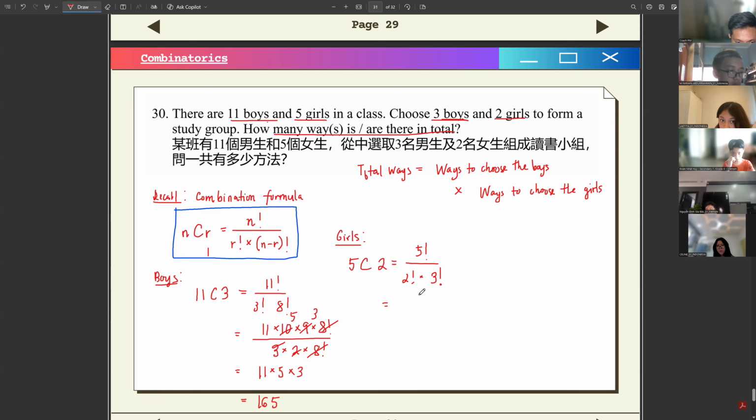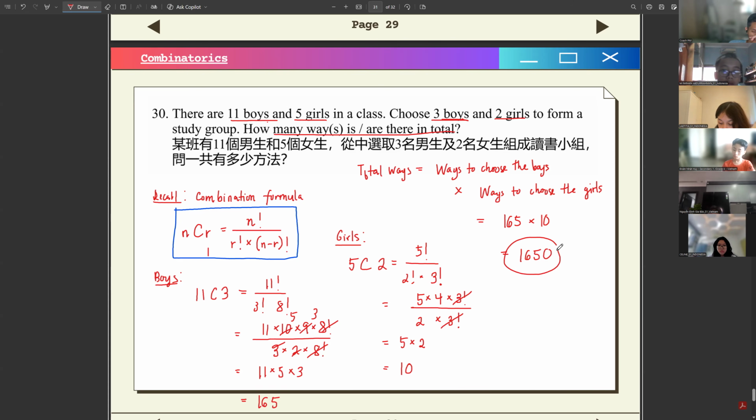Let's expand. 5 times 4, 3 factorial, over 2 times 1 or just 2. Cancel, cancel. So this is just 5 times 2, right? 4 over 2 is just 2. That's just 10. Meaning the total ways is just 165 times 10 is equal to 1,650. Okay?